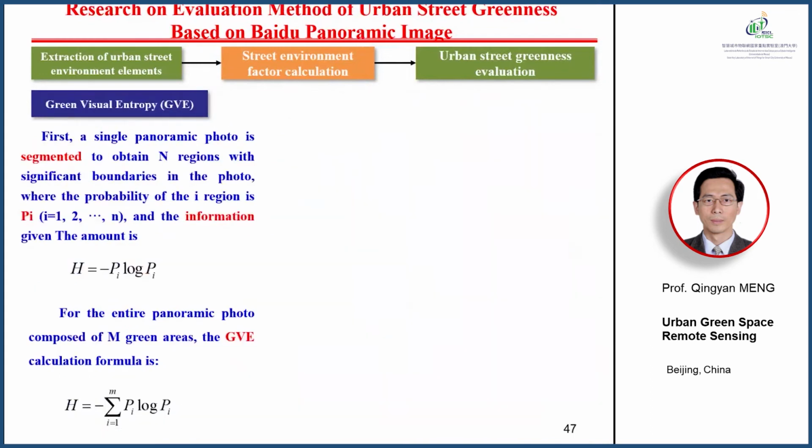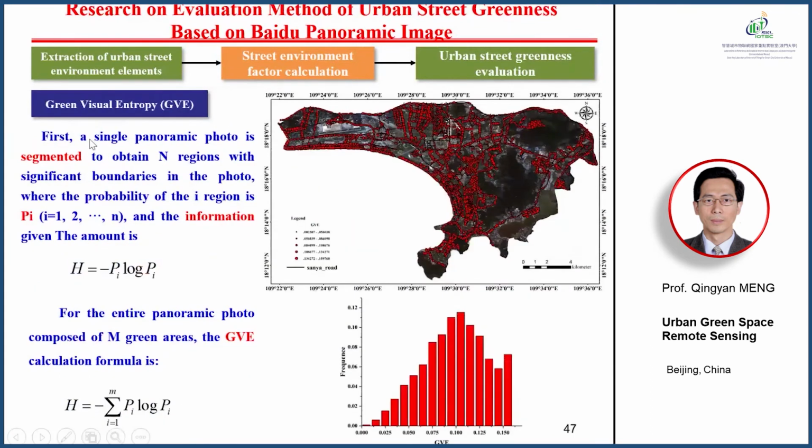And we also use green visual entropy, GVE. First, a single panoramic photo is segmented to obtain the N regions with significant boundaries in the photo.